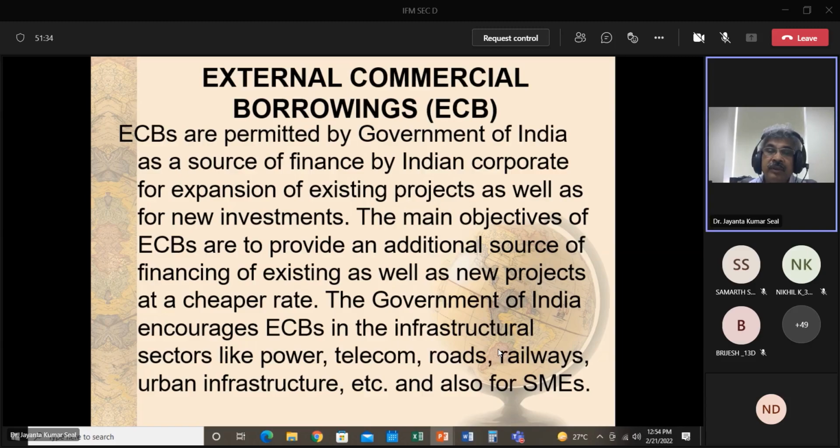The Government of India encourages ECBs in the infrastructure sector like power, telecom, roads, railways, urban infrastructure, etc. Also, external commercial borrowings are different from foreign direct investment. Yes or no?